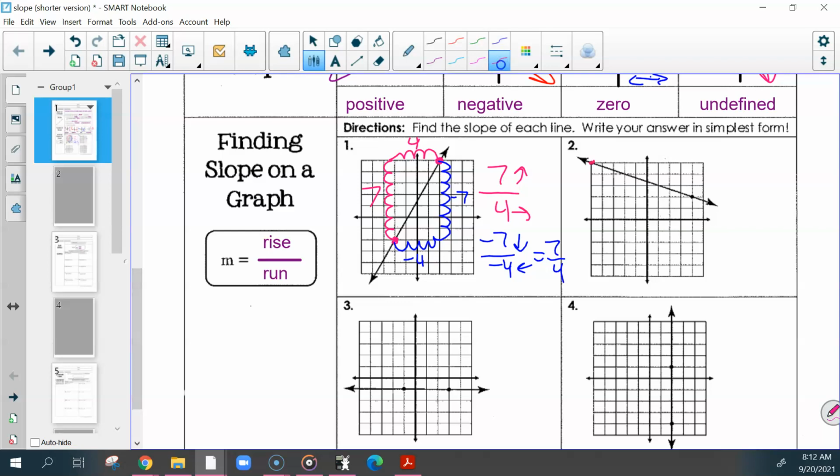I see there's a point here and here. If I didn't see those points, I could also do this point right here and this point right here, or these 2 points, or these 2 points, or some combination of any of those. Because you would need to simplify at the end anyway.